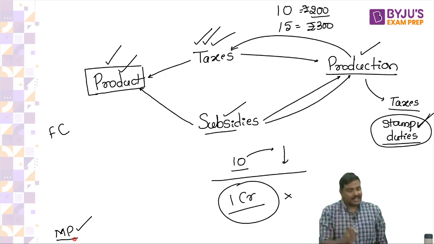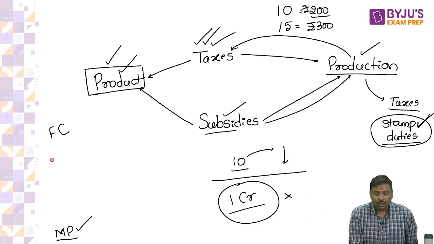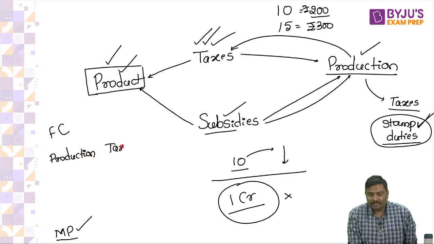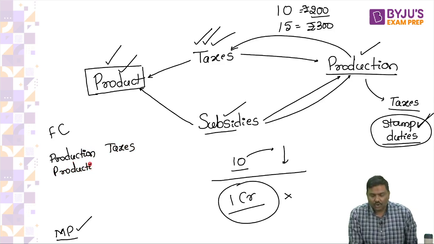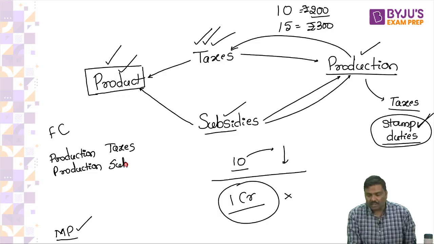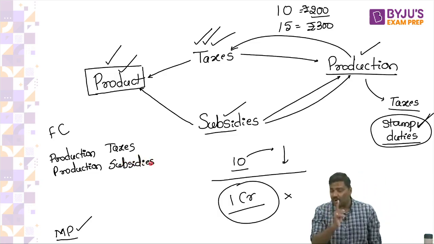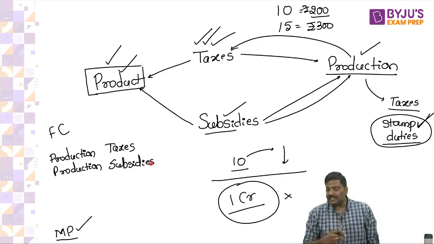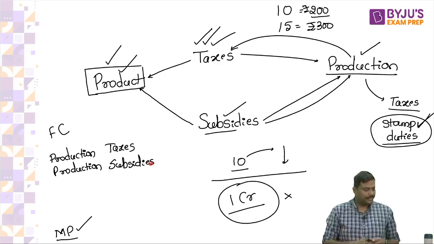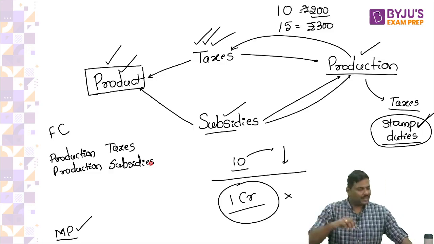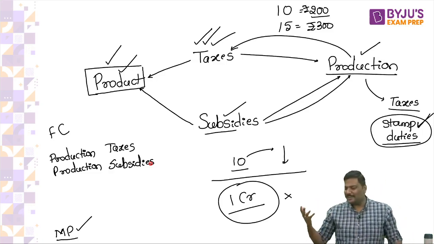The answer is yes. You should include production taxes as well as production subsidies. You should include it. Some of you are saying no, it should not be included. My dear, as a manufacturer, understand this very carefully.